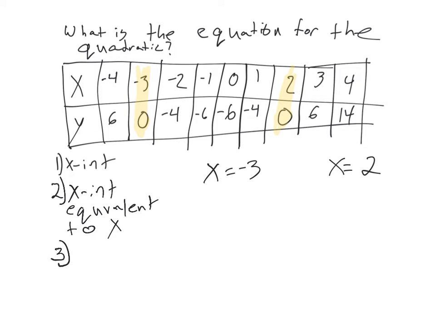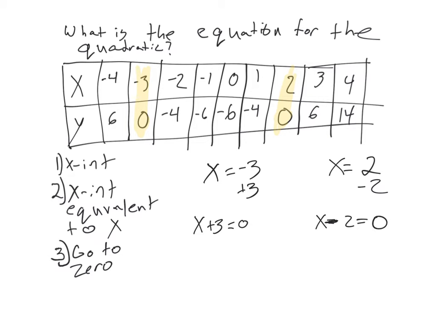I want them to go to 0. That means I need to add 3 here and subtract 2 here. And so I get x plus 3 equals 0, and then x minus 2 equals 0.